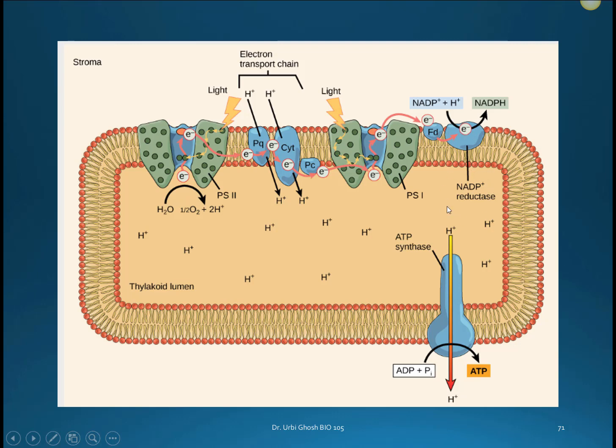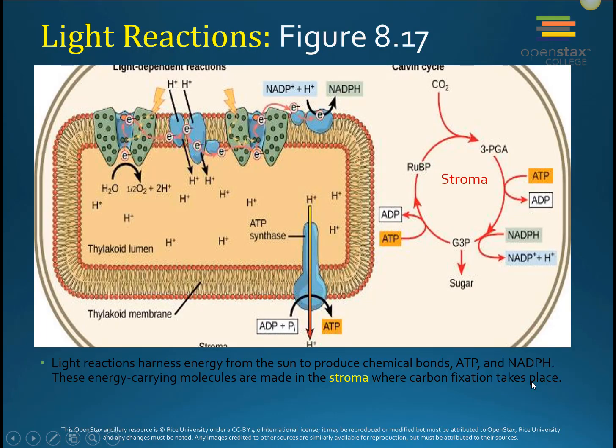on to photosystem 1, where it will replenish the electrons that are excited and lost to reducing NADPH. NADPH is reduced by NADPH reductase, and the hydrogen ion gradient that's found positively in the thylakoid lumen will flow back to the outside of the stroma by using ATP synthase to make the ATP molecules needed for the Calvin cycle.